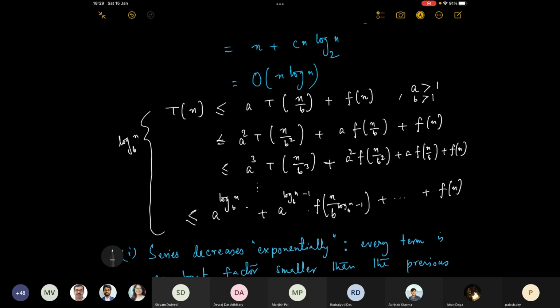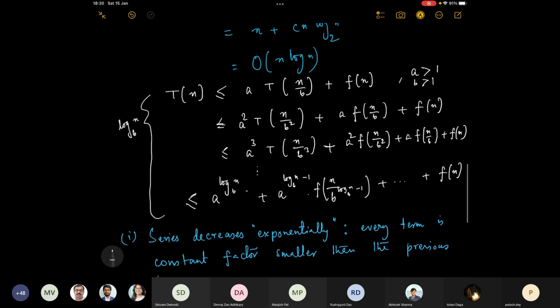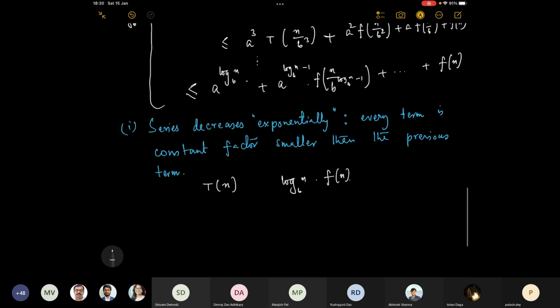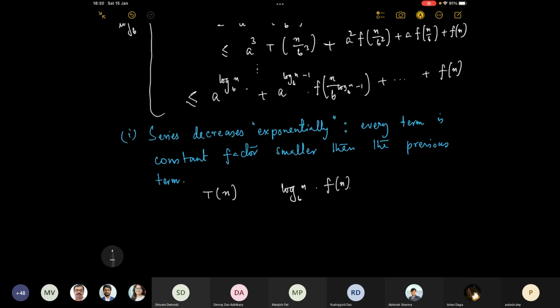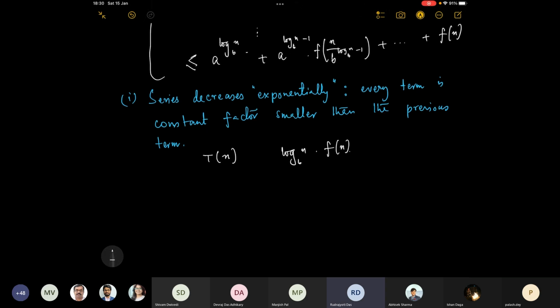Think of analyzing pseudocode for an algorithm which is divide and conquer, making a many recursive calls, and each recursive call is of size n by b. So both a and b are greater than 1. But that's not important. So I think log n base b times the first term, because the first term will be the largest because it's decreasing.